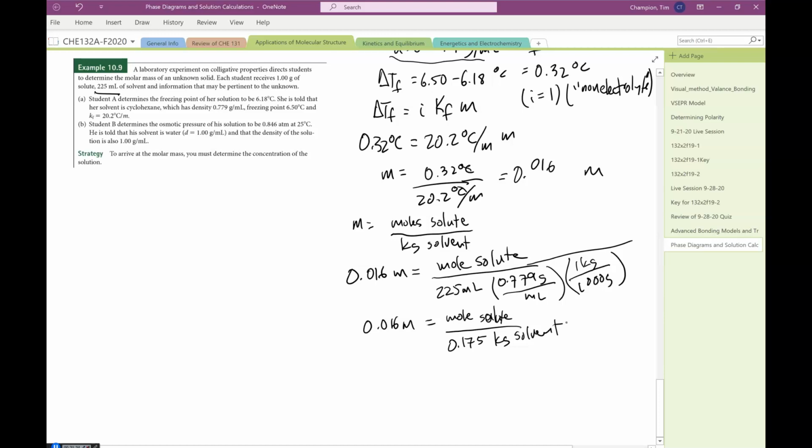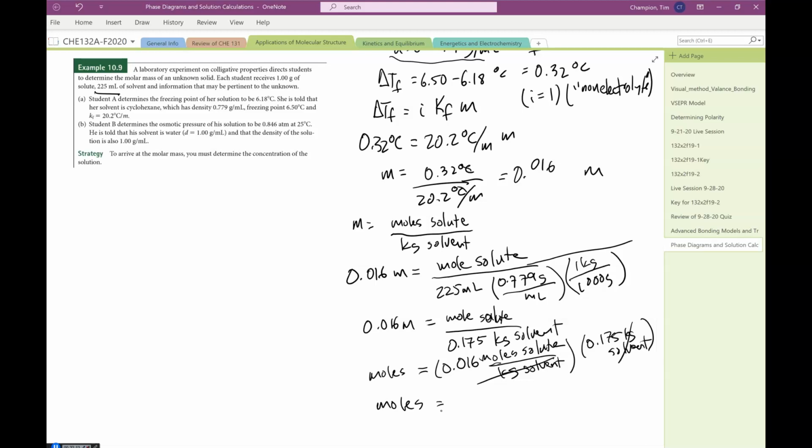If I multiply the molality by the kilograms of solvent, so 0.016 molality is moles of solute over kilograms of solvent, I'm just rewriting the molality unit that way, and then I'm multiplying by 0.175 kilograms of solvent so that those cancel out, and our number of moles is going to be equal to that, which comes out to 0.002767 moles.